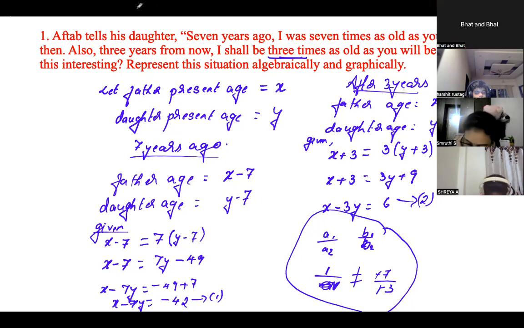You can write the question and answer, or you can just put the heading as exercise number 3.1, question number 1. No need to write the question. Directly write the answer. Here they have asked, represent the situation algebraically and graphically. Algebraically we did now. Graphically also we should do. Okay.